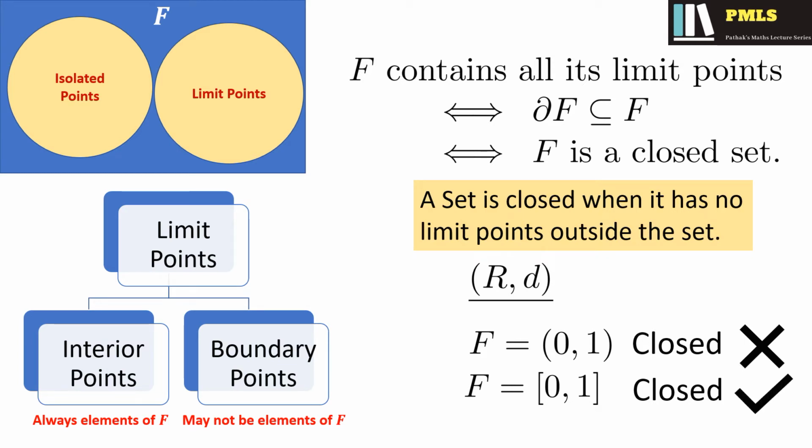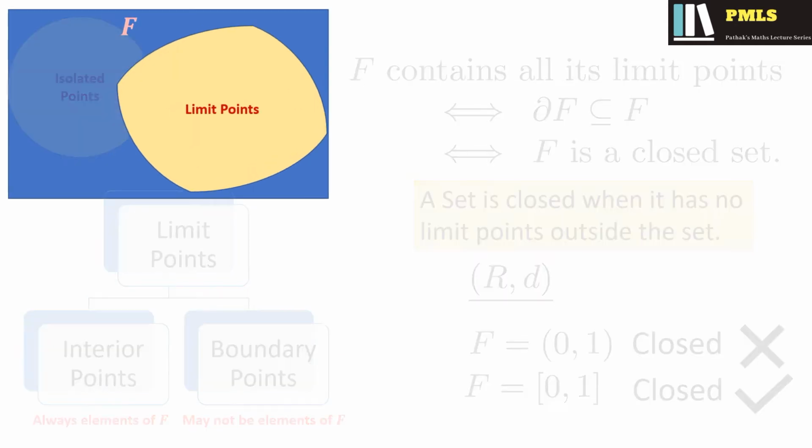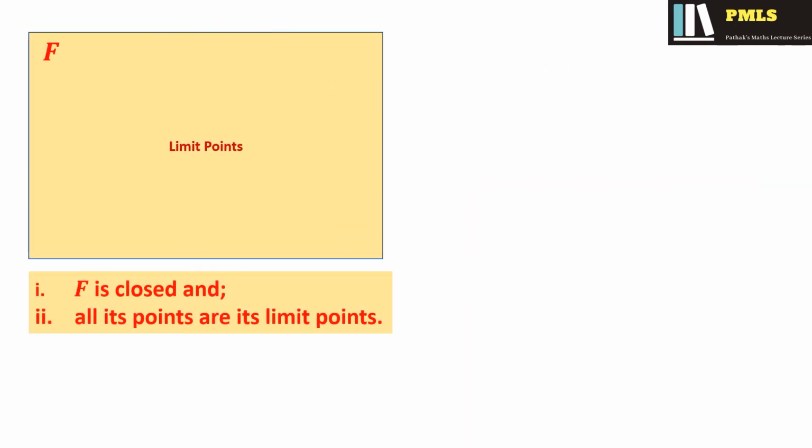Let us see another situation when, in addition to being closed, all the points of the set are its limit points. Here, set F contains all its limit points and therefore it is closed by earlier discussion. But there may be situations when F contains some isolated points too.